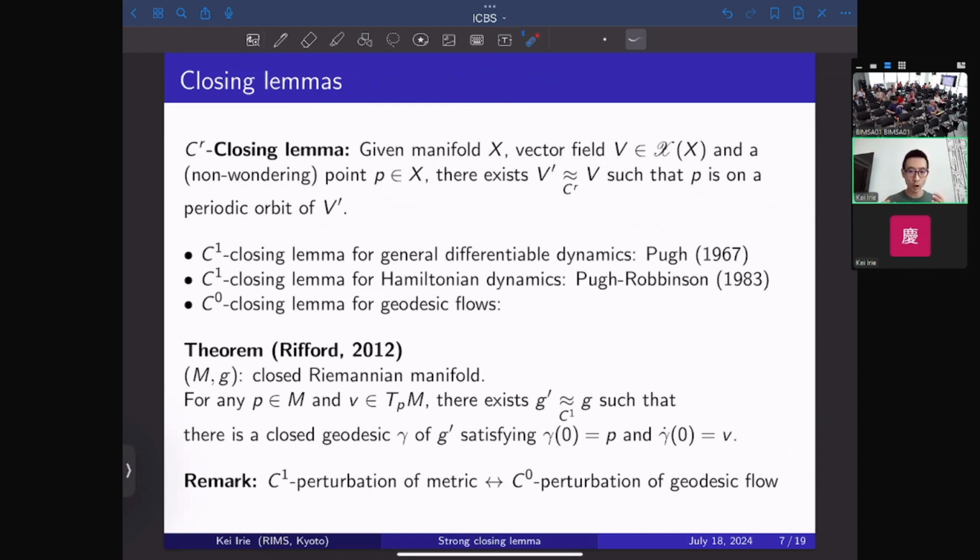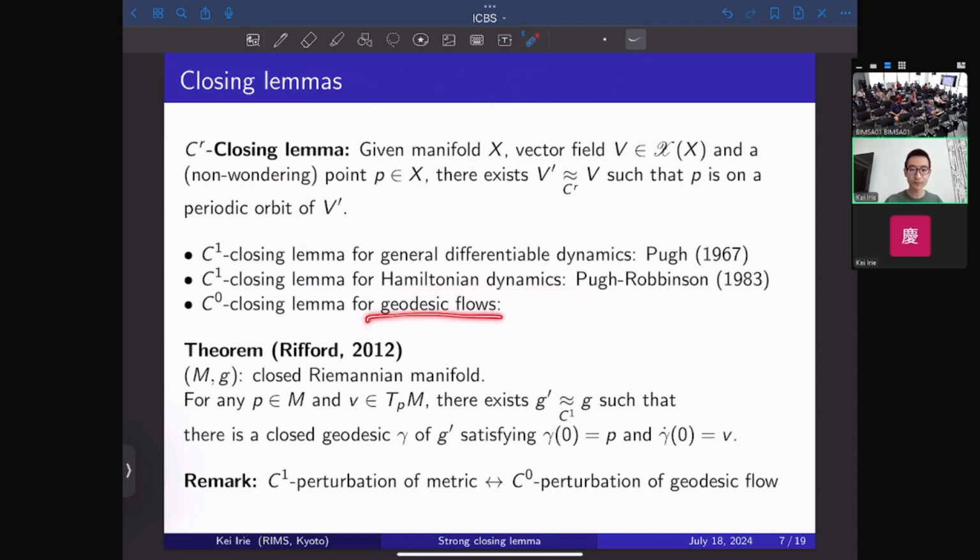So obviously, the statement gets stronger as r gets larger. However, even the C^1 closing lemma is very difficult to prove, and it was proven by Pugh for general differentiable dynamics, and by Pugh and Robinson in the 80s for Hamiltonian dynamics.